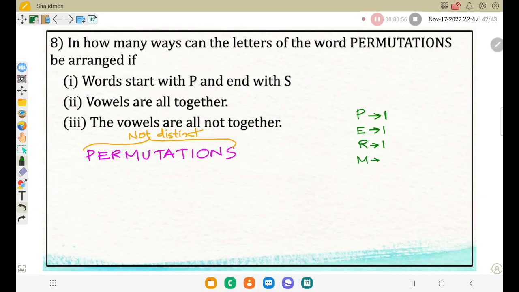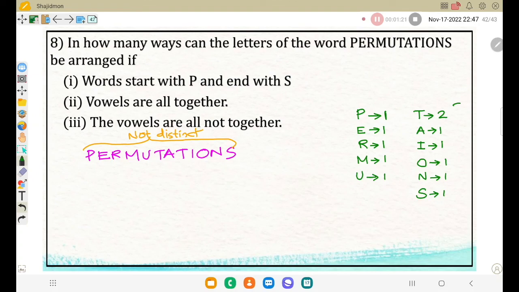M also only one time. U one time. Correct? Then T is coming two times. T is repeating, so not distinct. A coming only one, I also one, O one, N 1 and S 1.